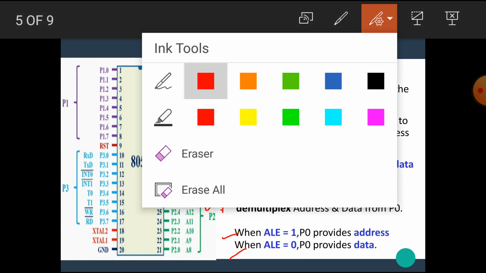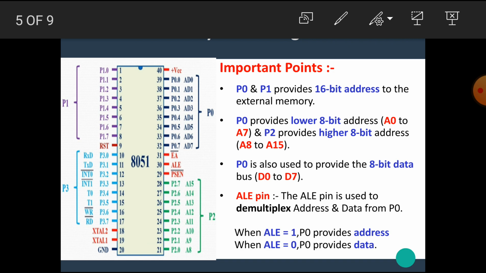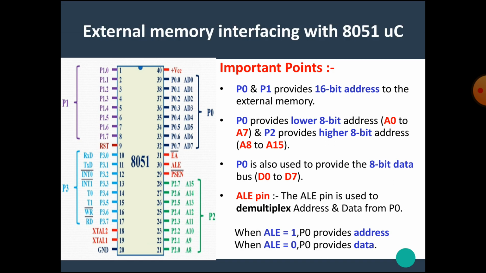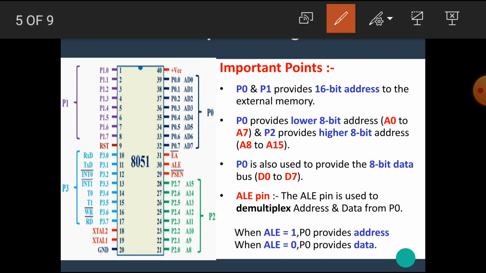Now let's see two more important pins in the 8051 microcontroller, which are named WR bar and RD bar, which are in port 3. WR bar means the write pin and RD bar means the read pin.